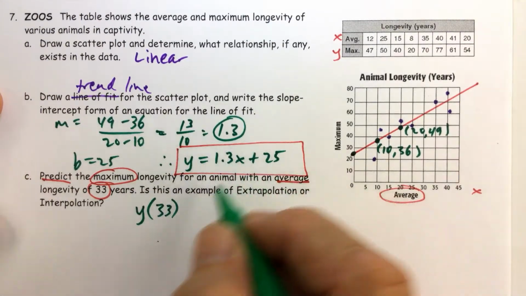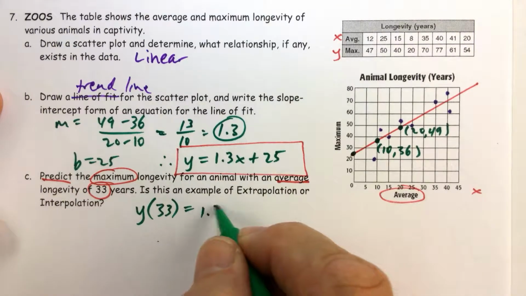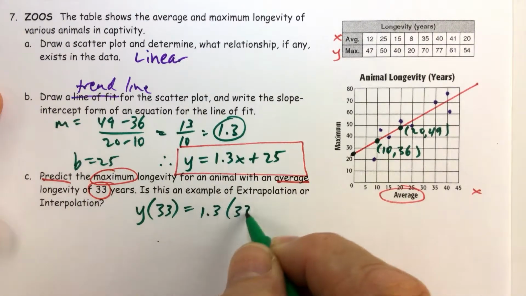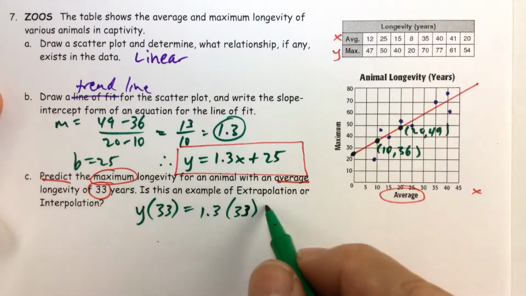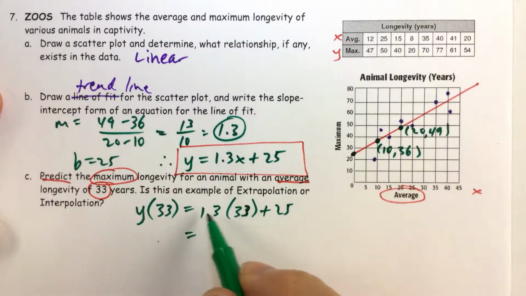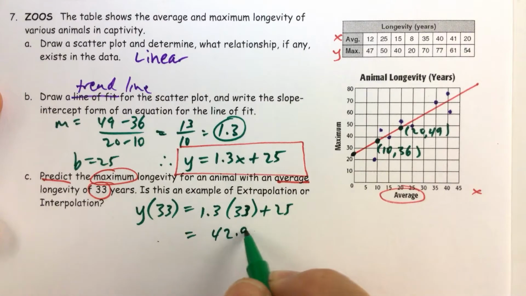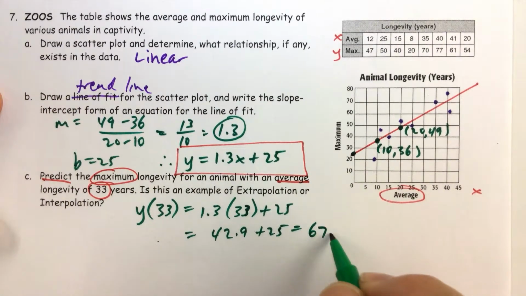So using our trend line equation, we'll plug in 33 for the x, plus 25. If we multiply 1.3 times 33, we get 42.9, and we add 25 to that, and we get 67.9.